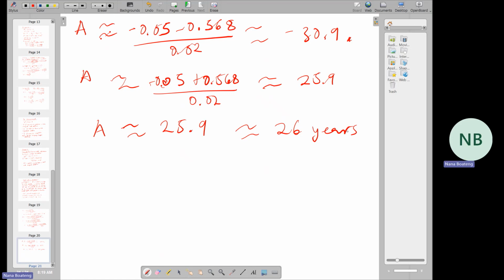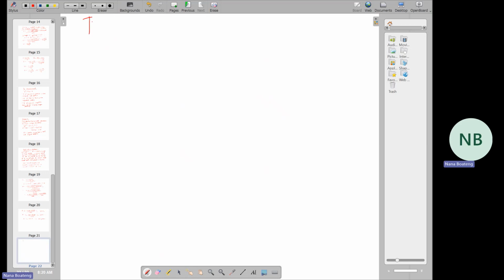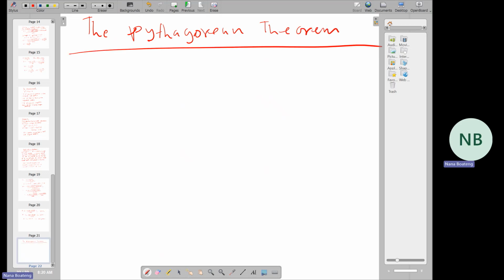All right, so the last thing we want to discuss under quadratic equations is the Pythagorean theorem. The Pythagorean theorem is given by, if we have a right angle triangle.